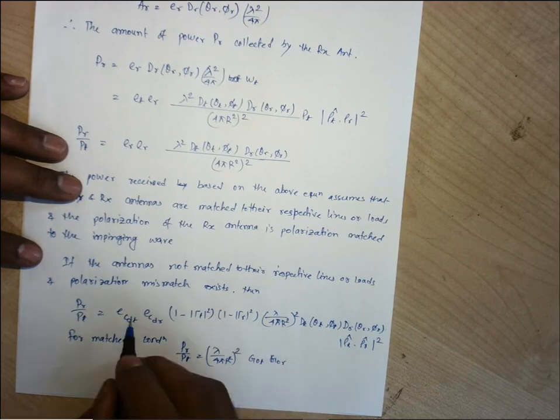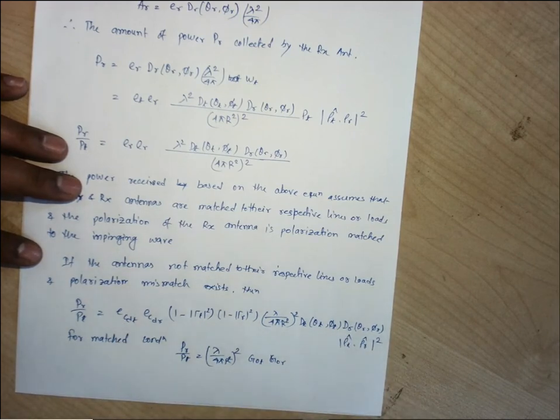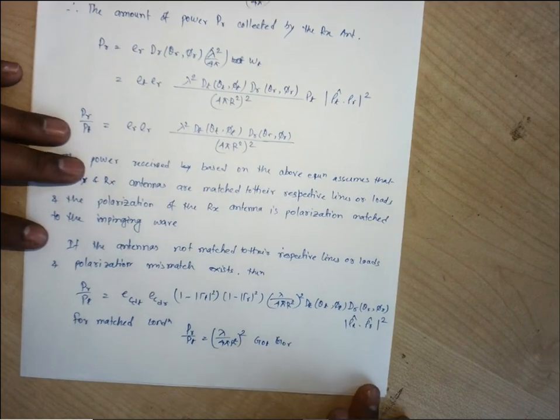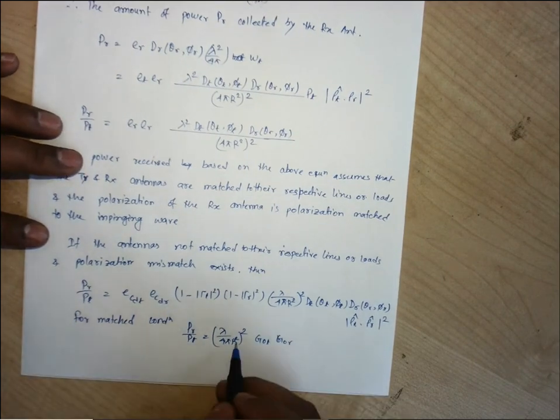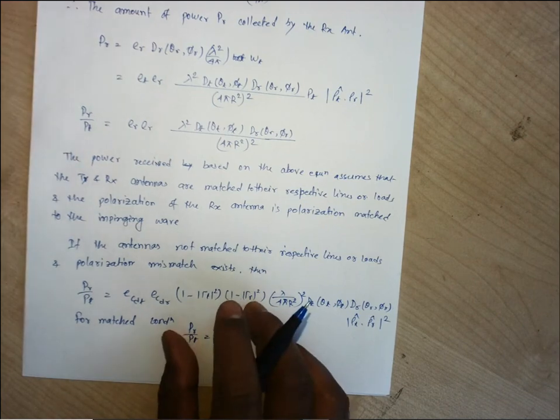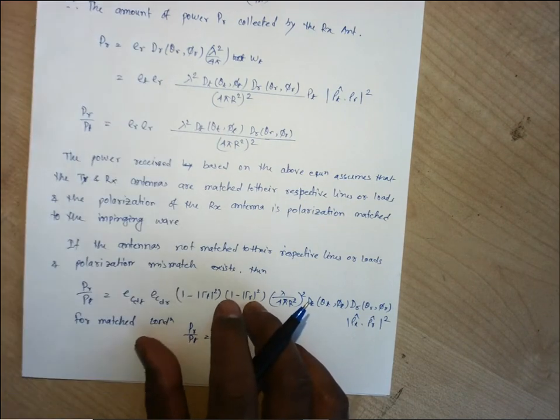Because if the losses are 0, then the directivity will be the same as the gain. So what is this (λ/4πR)²? This is known as the free space loss factor.